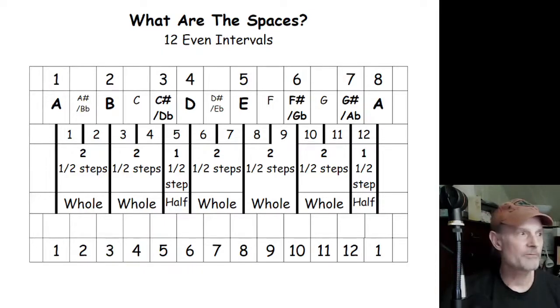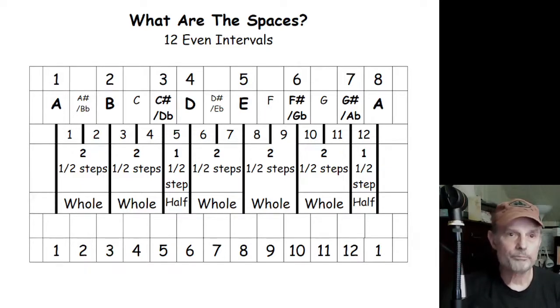That's how many spaces we have between 1, 2, 3, 4, 5, 6, 7, 8, 9, 10, 11, 12 notes. The A is repeated. We have 12 notes and 12 spaces. Very important to understand that, and then everything else opens up from there. So we have 12 tones plus our octave.